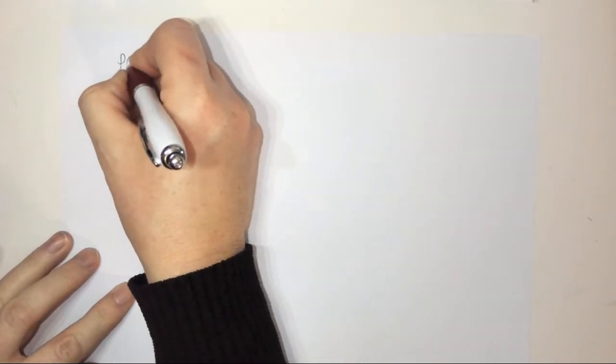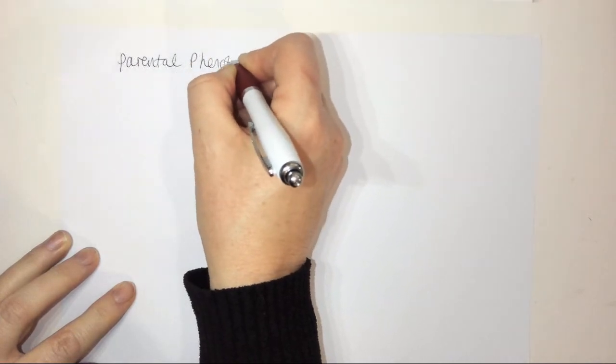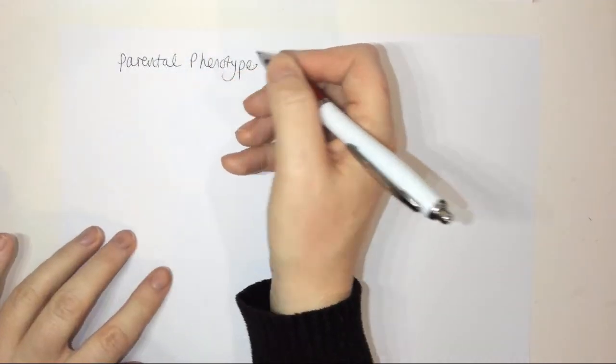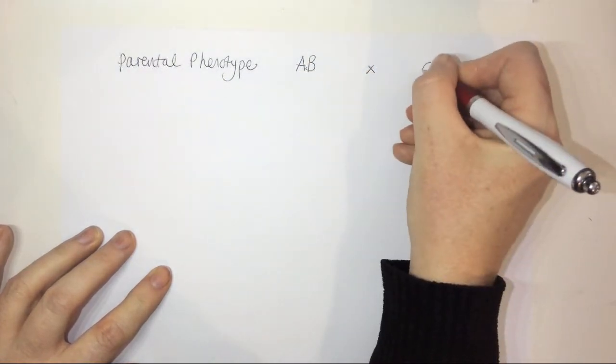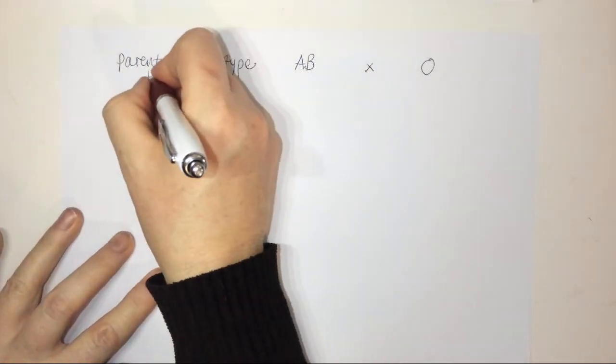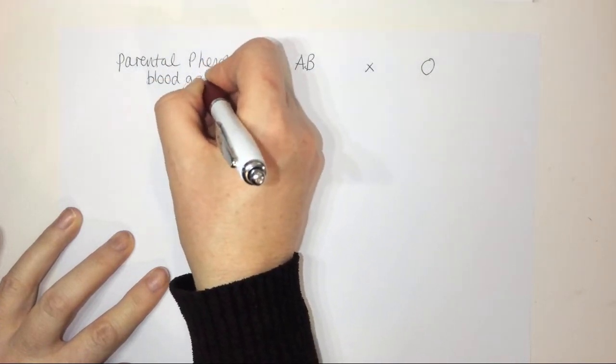Let's do a parental phenotype. Let's say AB with an O. So again, that's our blood group, blood type.